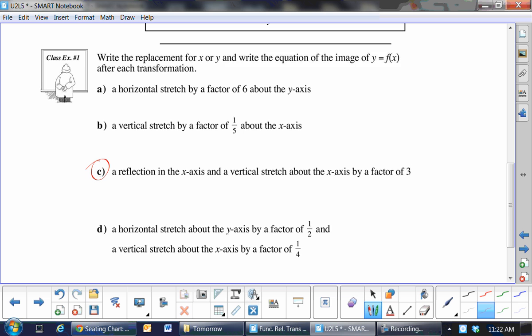Let's do C. So if we have y equals f of x, that's still that original, what would a reflection in the x-axis and a vertical stretch about the x-axis by a factor of 3? Okay, so we can take this, a reflection in the x-axis. What's the replacement for that? Okay, what's the replacement though?